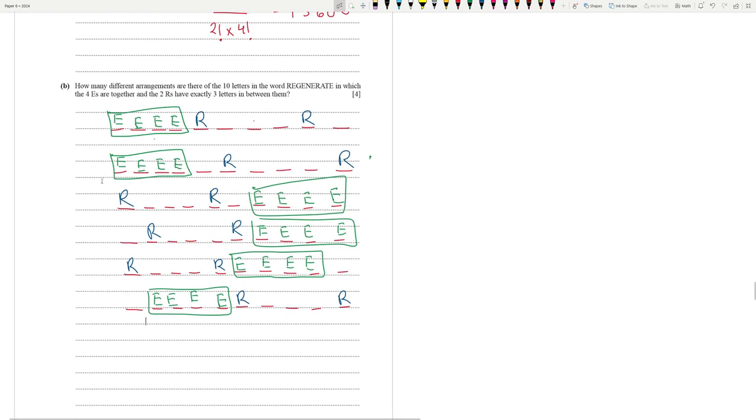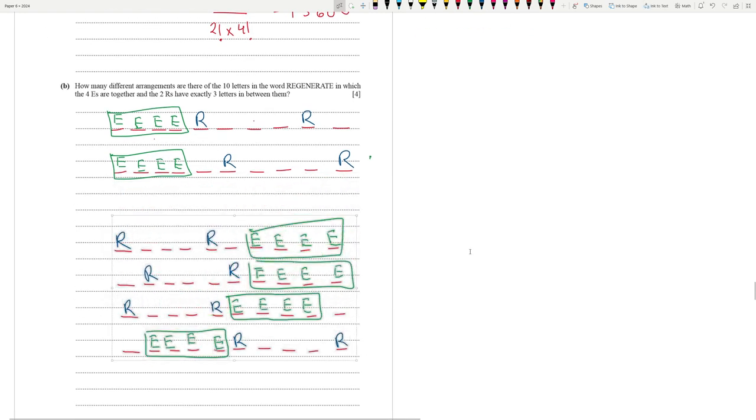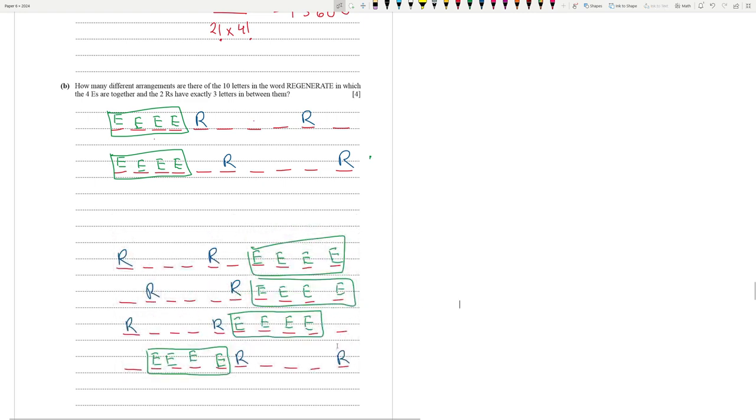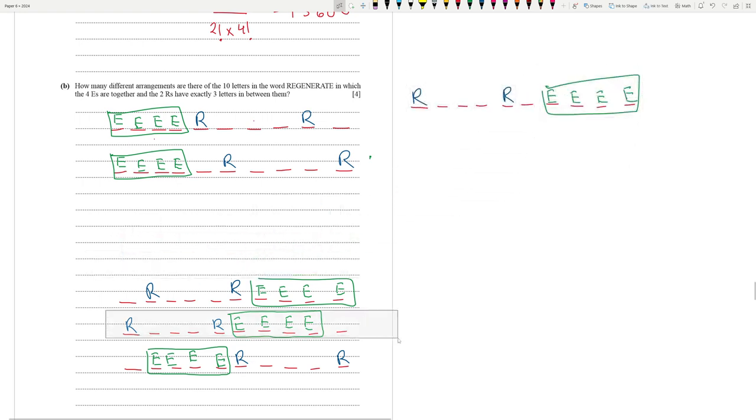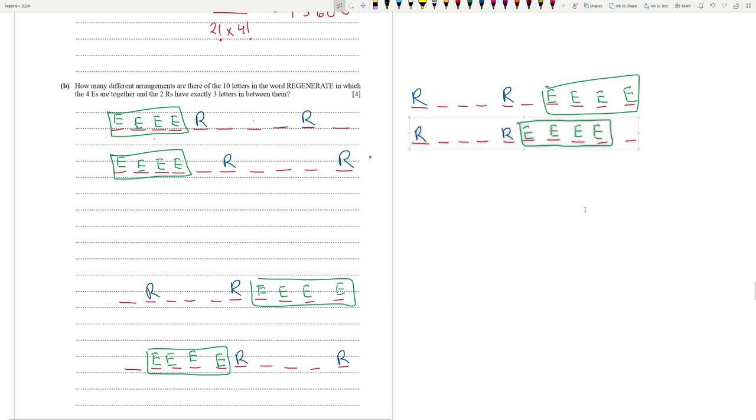Okay, and I think it's best if I just do this. Wait, this one, which ones match? Wait, I'm making the match. Here, okay.